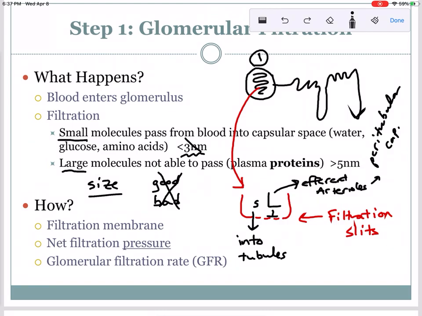We're not worrying about what's a waste product or what's something the body wants to reabsorb. That's not the job of the glomerulus. What we're going to find out is that the tubules, the next step of urine formation, have the job of deciphering what's good and useful to the body versus what is a waste product. Pretty cool. I think so.